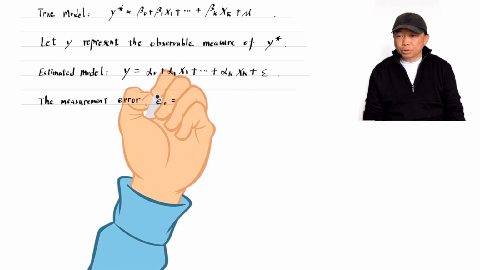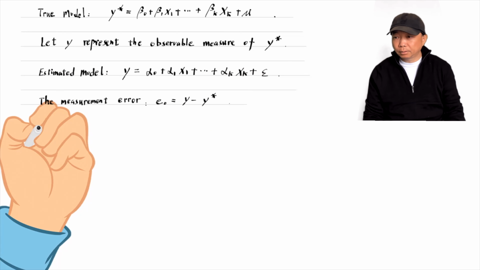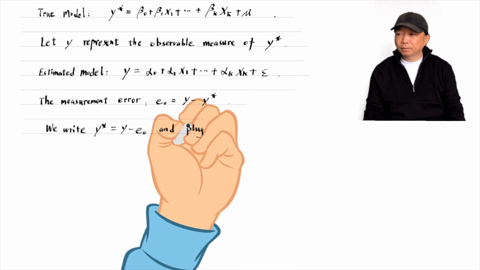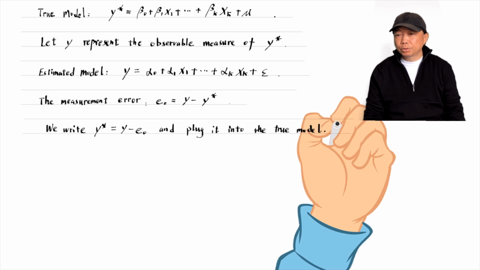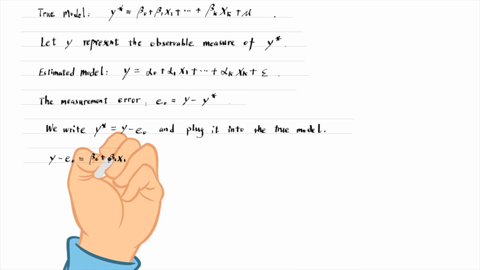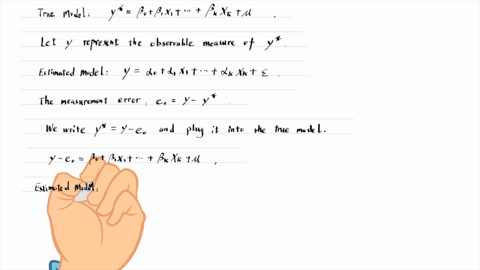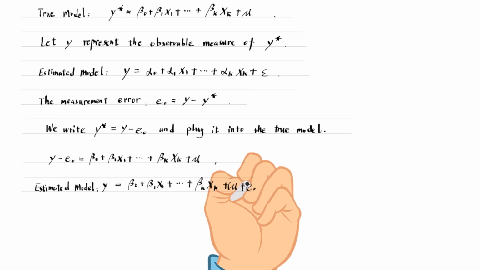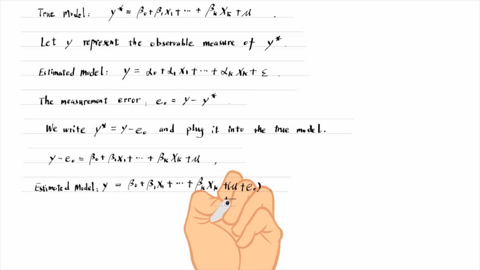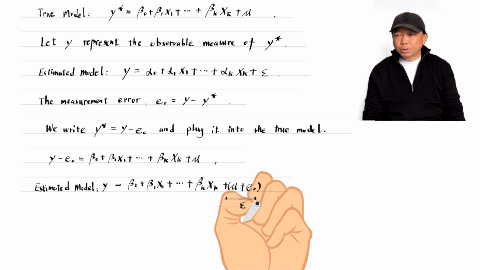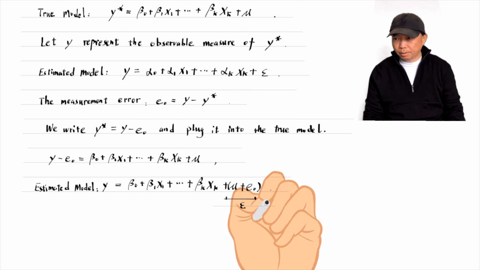To find the connection between the true model and the estimate model, we plug the expression of y star into the true model. The error term in the estimate model, epsilon, is the sum of the error in the true model, mu, and the measurement error, e0.